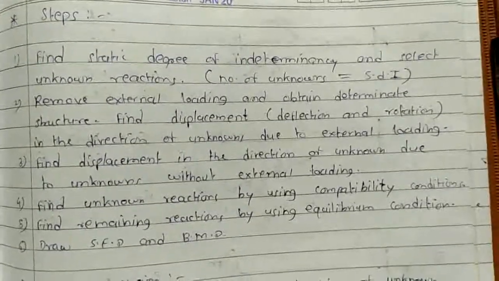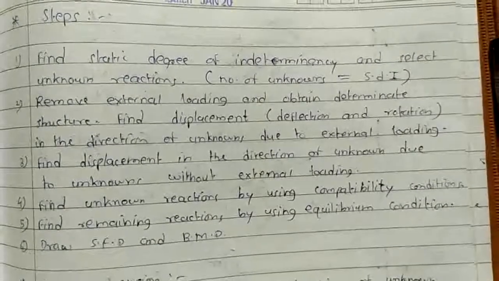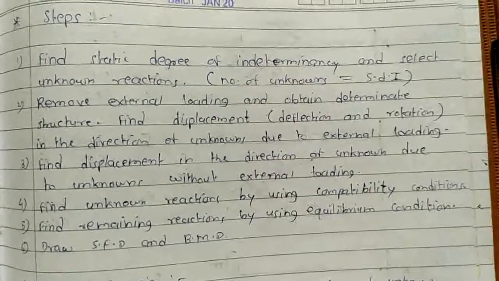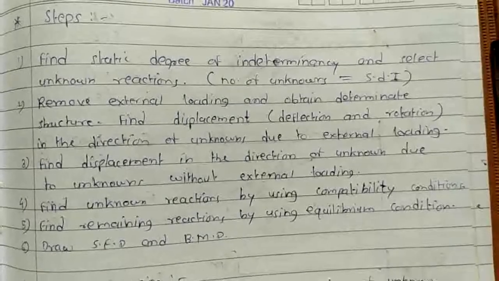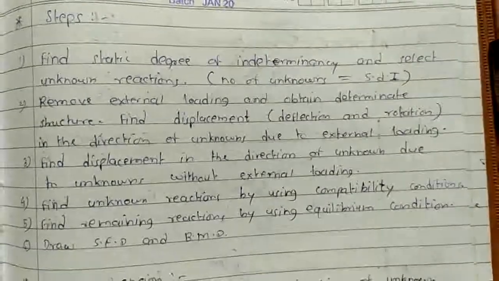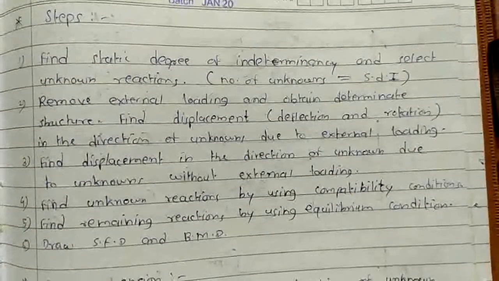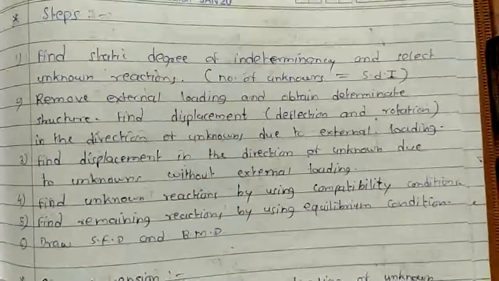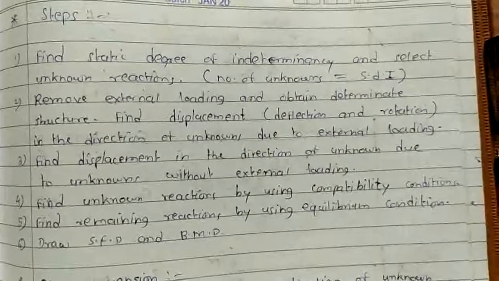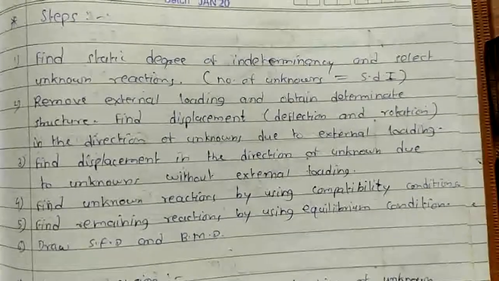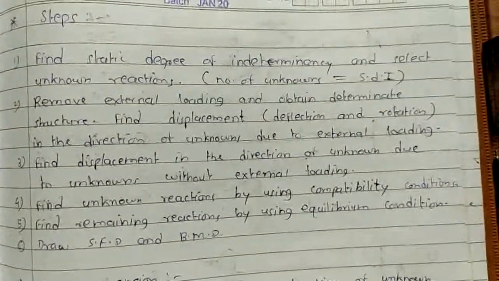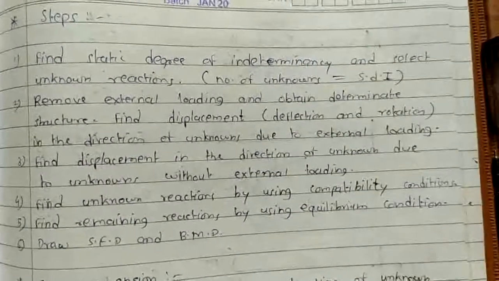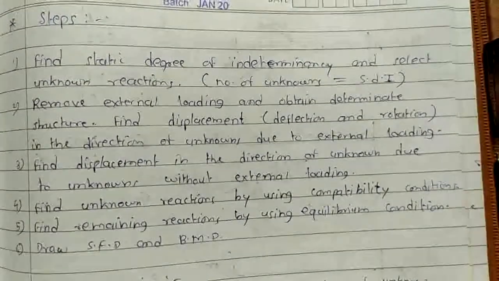By removing that unknown, we make the structure a determinate structure. After that, on that determinate structure apply the loading and next apply the unknown. Next use the compatibility condition and equilibrium equation. After that you can come to the drawing of SFD and BMD. We can understand this part better at the time of solving the problems.